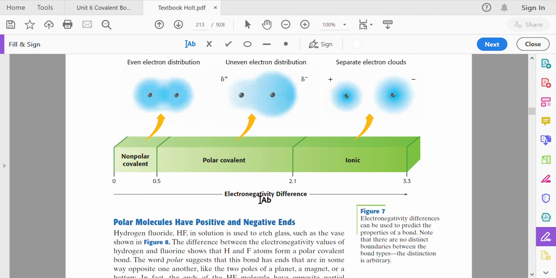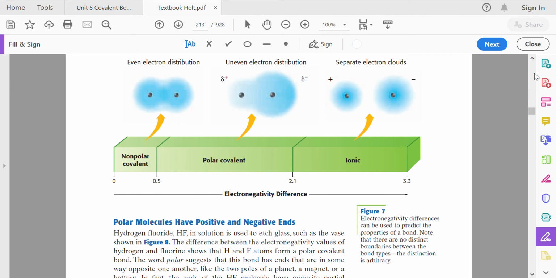If it's between 0.5 and 2, it's a polar covalent bond. If it's greater than 2, roughly, it's an ionic bond. So when you're bonding a non-metal with a non-metal, their electronegativity differences tend to be below 2. If you're bonding a metal with a non-metal, their electronegativity differences are greater than 3.